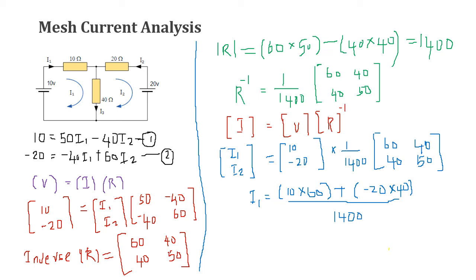In the same way we can write I2 also. I2 will be equal to 10 into 40 plus minus 20 into 50 over 1400. Earlier we multiplied the first element by the first and the second by the second.